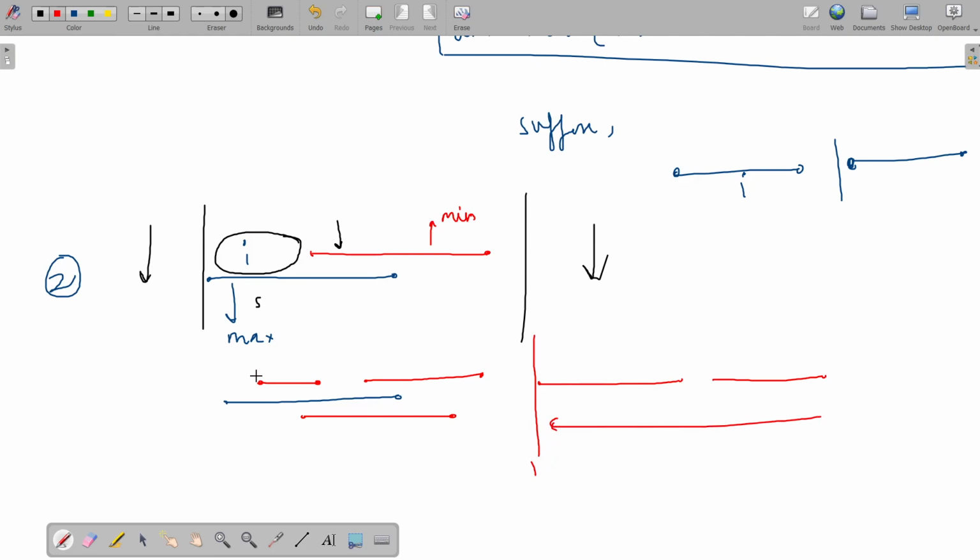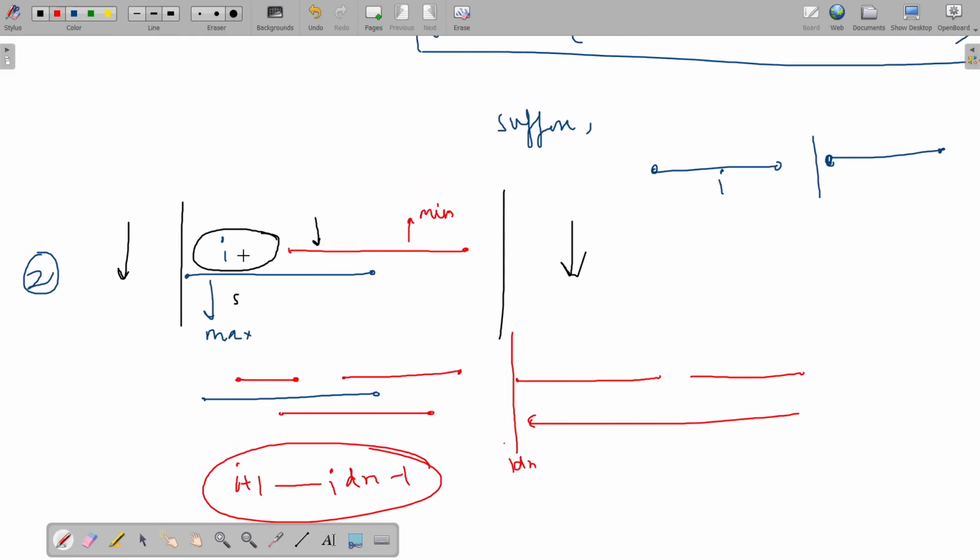So basically, all the segments from I plus 1 to this idx, suppose this is idx minus 1, all these segments either lie inside this range or partially overlap. Okay, so out of all of these, since we want to maximize, we are assuming this to be the maximum. Since we want to maximize the height, we basically want to maximize this region.